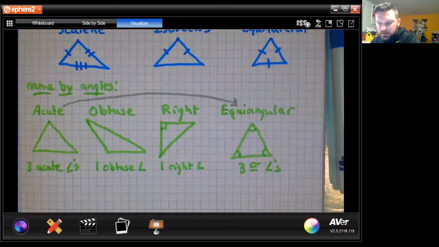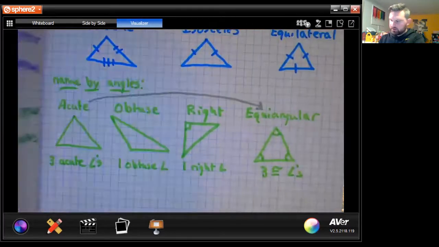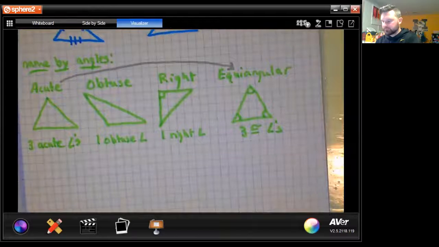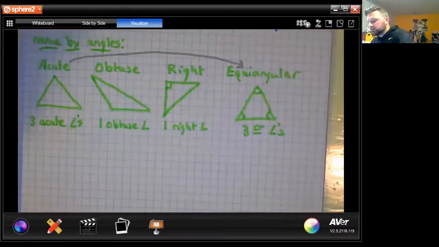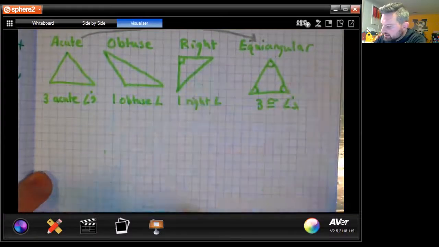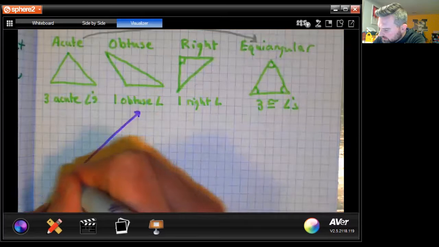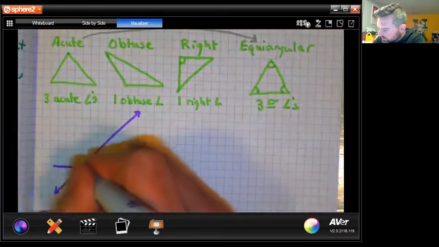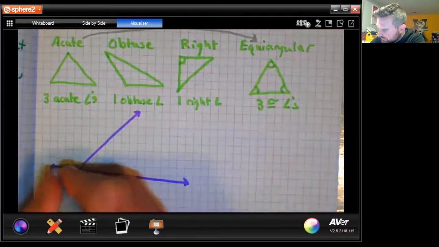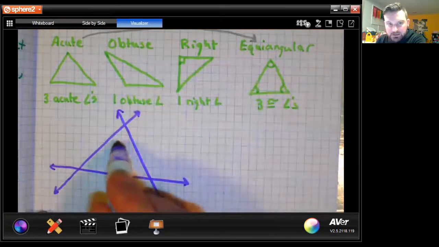Our first learning target talks about finding the interior and exterior angles. So if we have a picture here, if I draw a triangle, it is made up of three sides, and those three sides can come from lines. So if I draw this line, and then let's say I draw this line, and then this one. Okay, so here's my triangle right here.